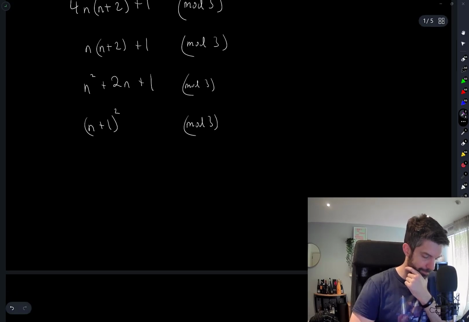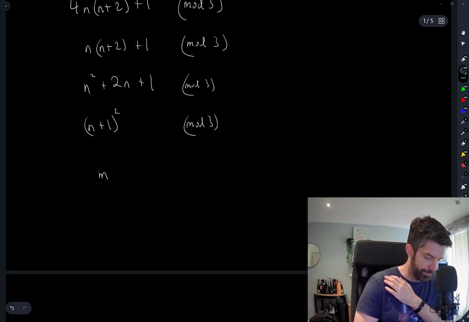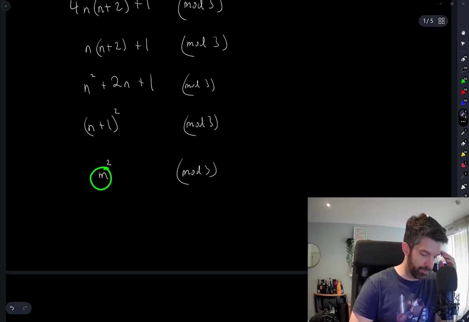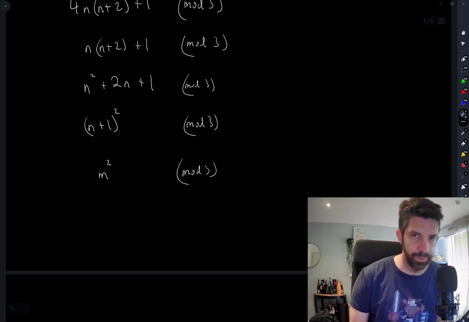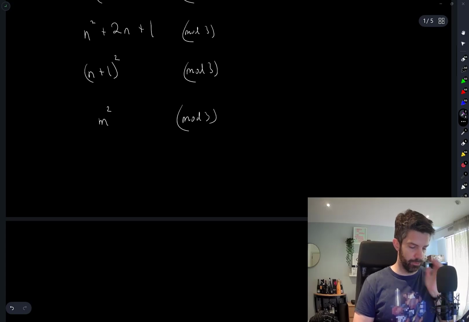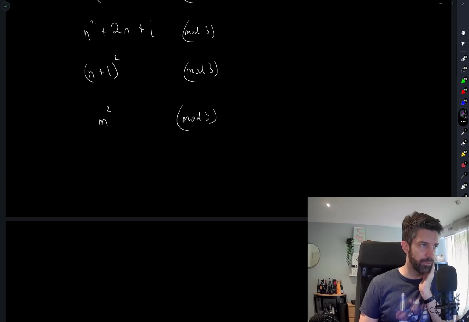Okay, well, the fact that we have n plus 1 squared, I don't really care about the plus 1, right? It just means we have some number squared where the number we choose has to be 2 or greater rather than 1 or greater. So are there squares which are 1 less than a multiple of 3?